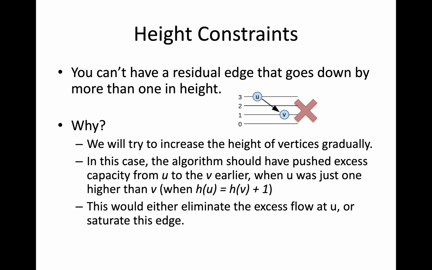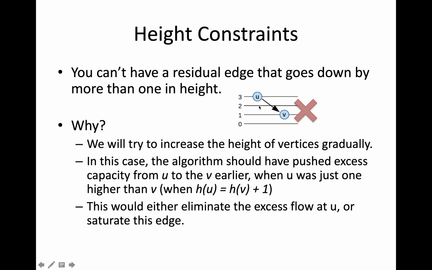But if you want to think of it intuitively, if there's a residual edge from U to V, and U is overflowing, then my chance to push from U to V is when U is only 1 higher than V. If I let U get more than 1 higher than V, then I kind of missed my chance to push any excess flow from U to V. I should have pushed that earlier, when U was a little bit lower.